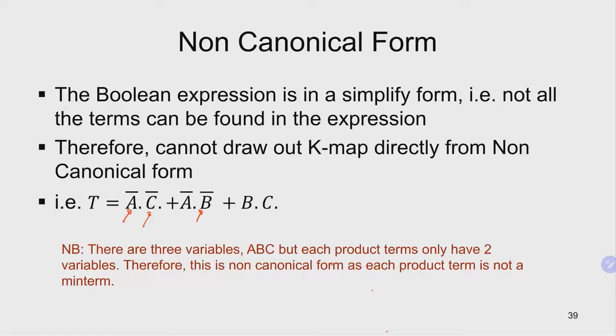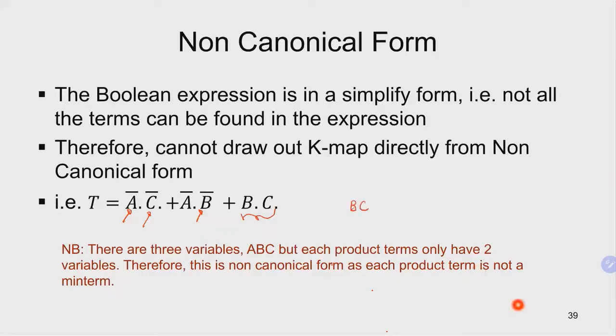I hope you can see the difference between canonical and non-canonical forms of expressions. You can also use Boolean algebra, using all the laws we talked about earlier on, to expand these functions and make them into canonical form. For example, take this term BC.